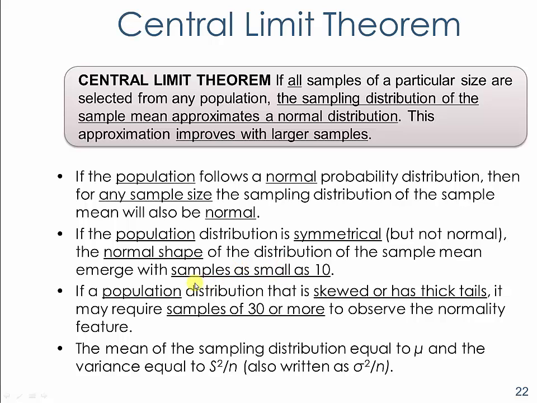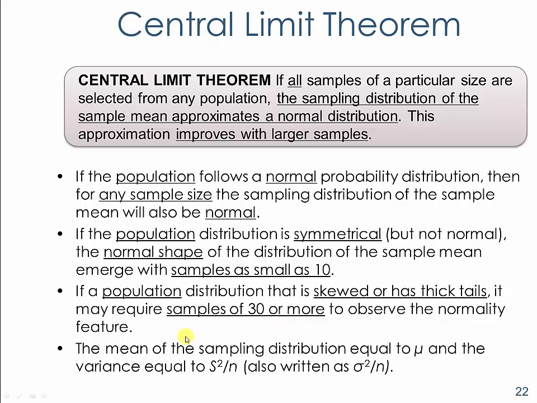And don't worry, we're going to show pictures a little bit further on, on the next slide. If a population distribution is skewed or has thick tails, it may require samples of 30 or more to observe the normality feature. Again, we're talking about the population, but in many cases we don't know the population, so what we're doing with the central limit theorem is clarifying some points about it so that we can use the central limit theorem to make statistical inferences about the population at a later point.